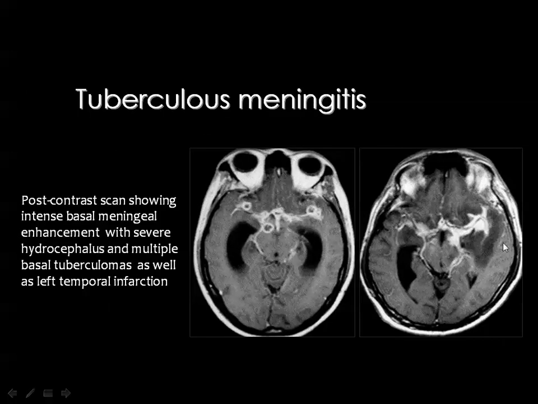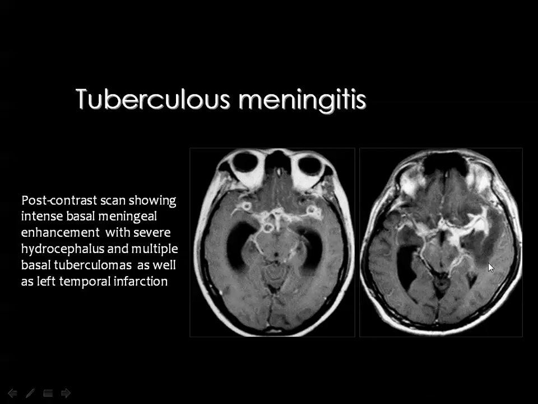Also here you can see typical basal meningitis due to TB, because of the presence of multiple tuberculomata here. And you know that basal meningitis may result in vascular thrombosis, and this vascular thrombosis may result in ischemic changes around the area affected by meningitis.